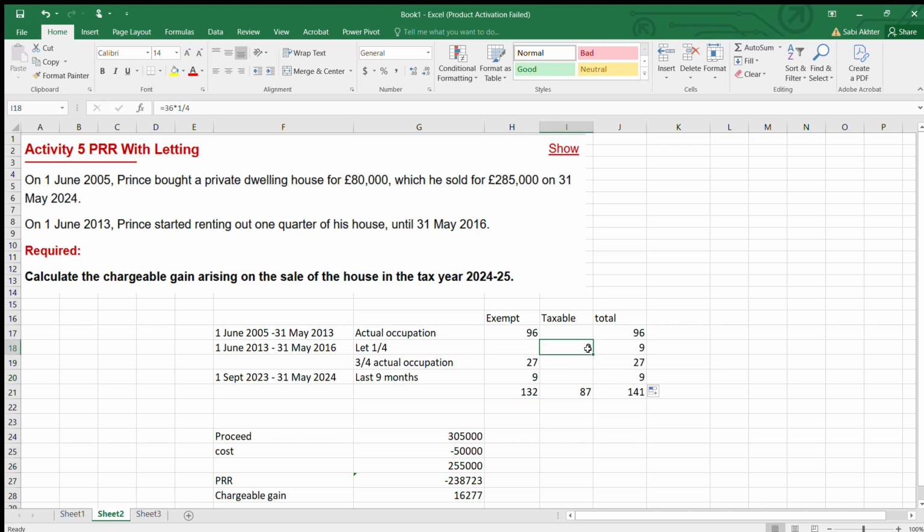Now from 1st June 2016 to 31st May 2024 is the actual occupation.